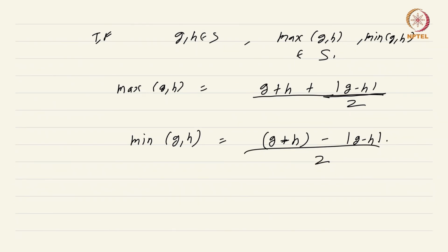Let's see, is this correct? Max of g, h is g plus h plus mod g minus h over 2. Yes, indeed it is correct.